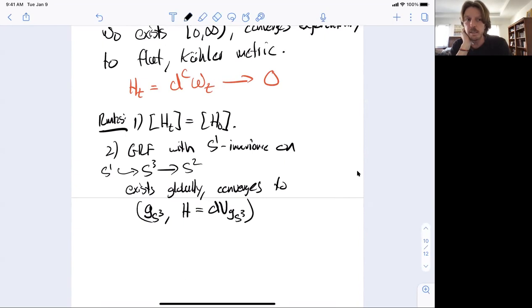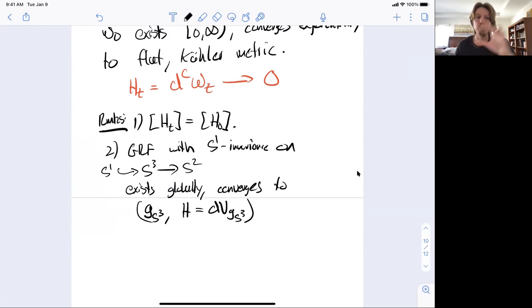And so this is the first case where you can really see the topology of the torsion, the cohomology class associated with the torsion, having a real qualitative effect on the flow. The topology of the bundle here is related to the cohomology class of H with this S1 invariance.